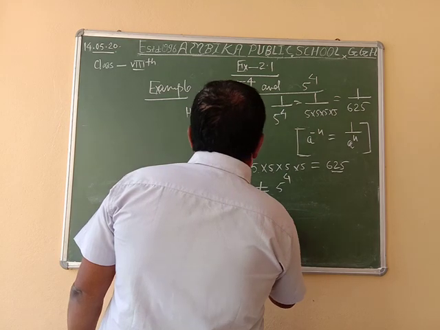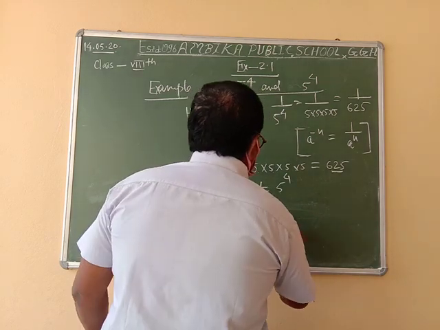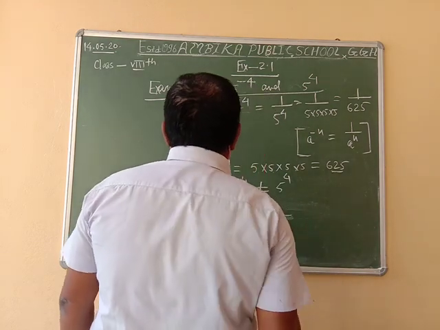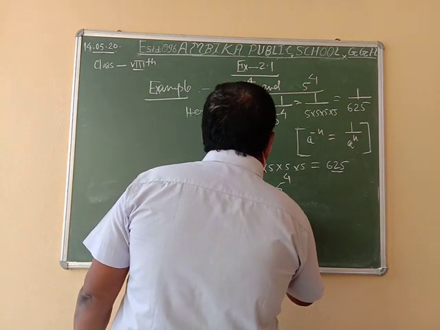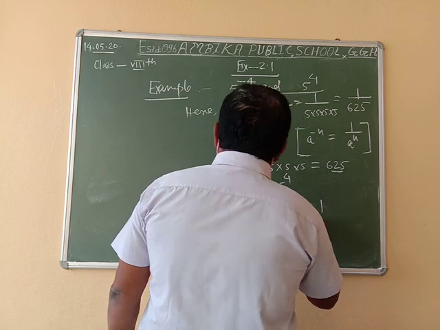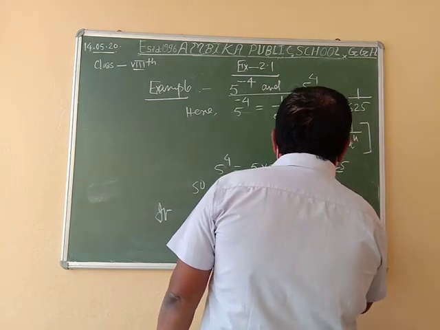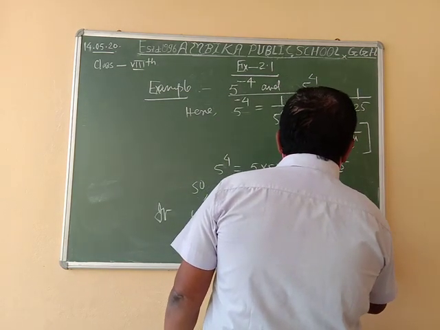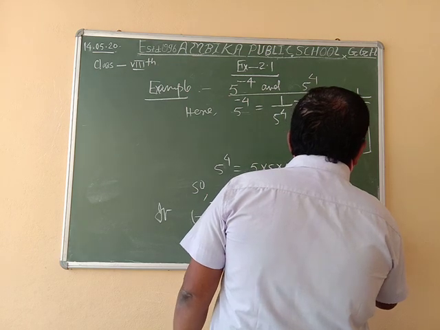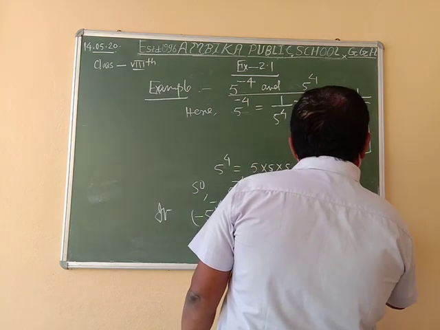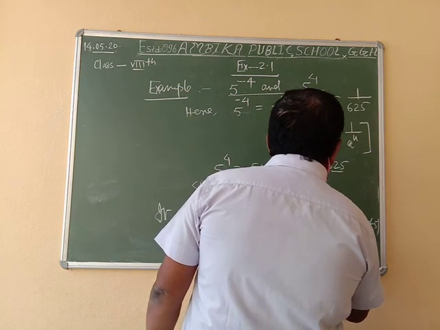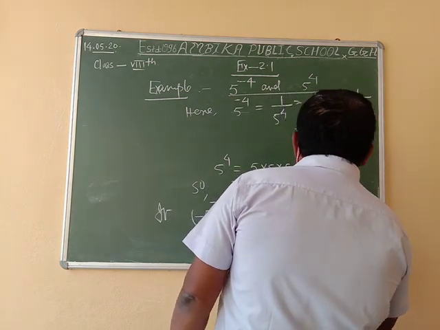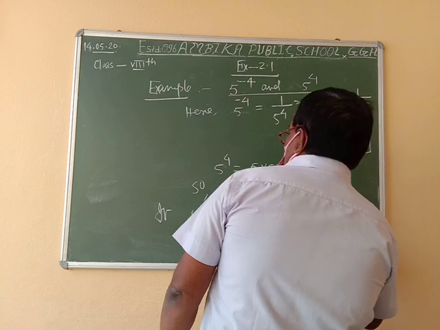1 by minus 5 to the power 4 is equal to 1 by minus 5 into minus 5 into minus 5 into minus 5, which is equal to 1 by 625.